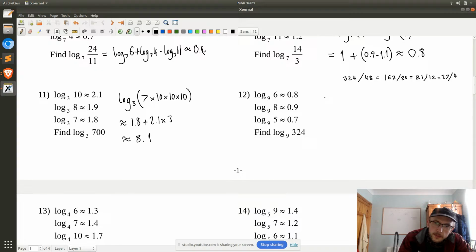Okay. Okay, so I can work out log base 9 of 48. I know what that is. That's just 1.7.